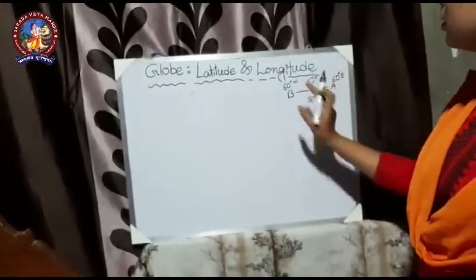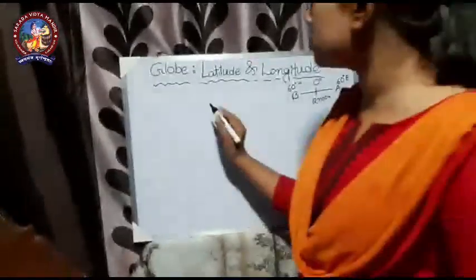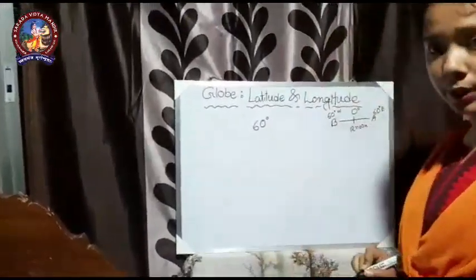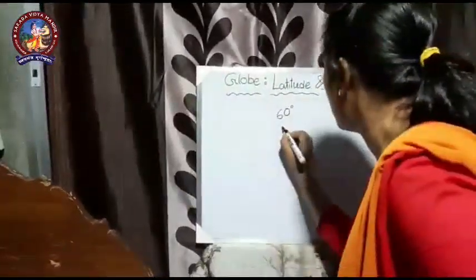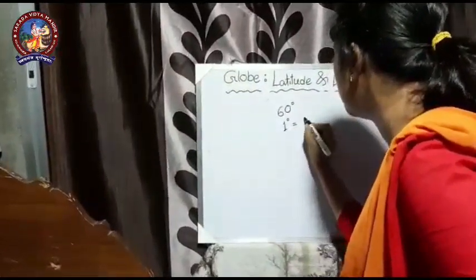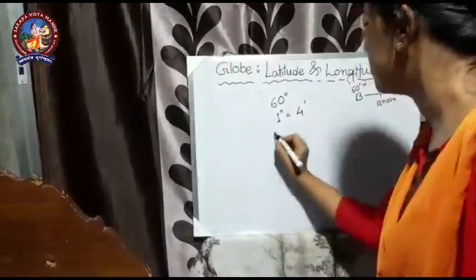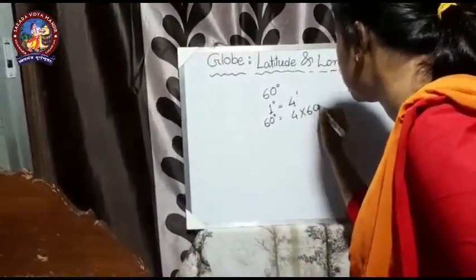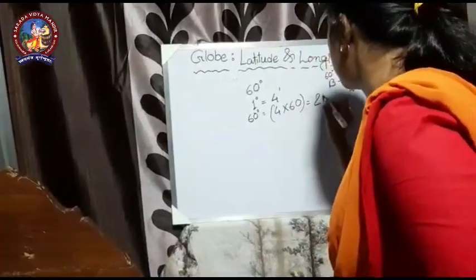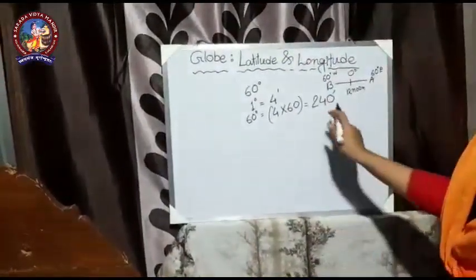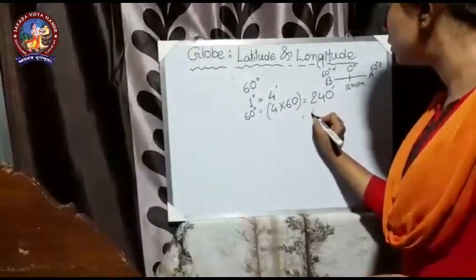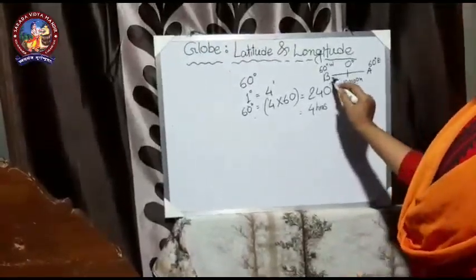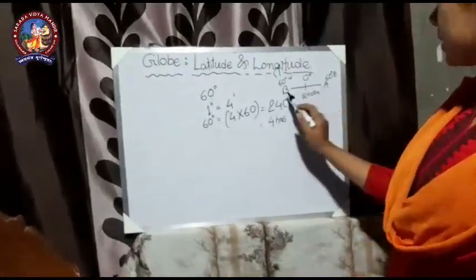So for both the difference of longitude will be 60 degree, right? Now as we know, 1 degree is equal to 4 minutes. So 60 degree is equal to 4 into 60 is equal to 240 minutes. And 240 minutes is equal to 4 hours. This calculation will be the same for place A and place B.